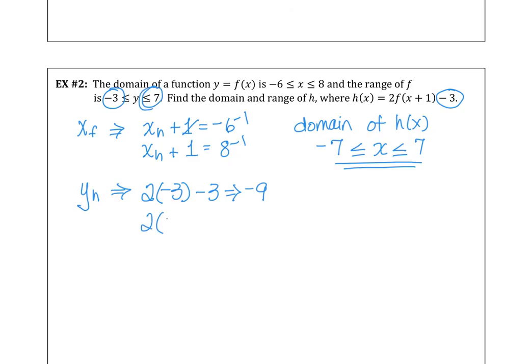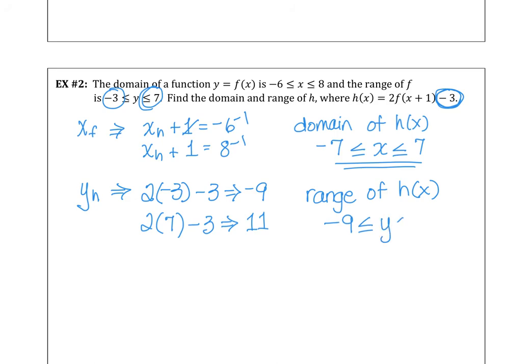We've got 2 times the original 7, but we want to subtract 3 with this value. So 14 minus 3 moves our range from -3, 7 over to -9, 11. This is the new range of the h of x function. It is going to go between -9 and 11 inclusively.